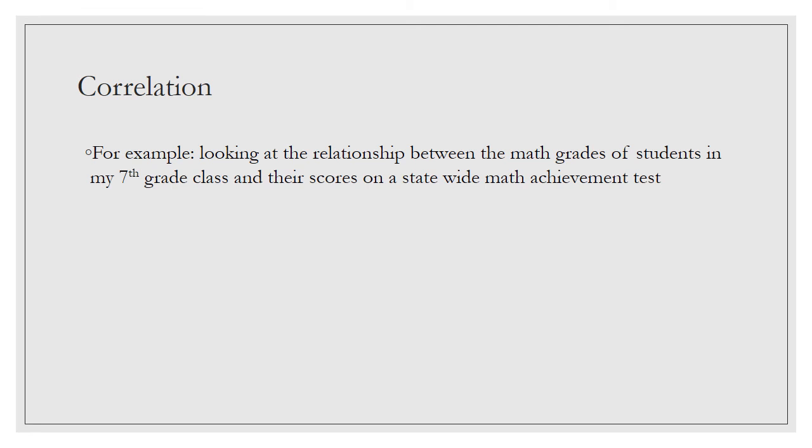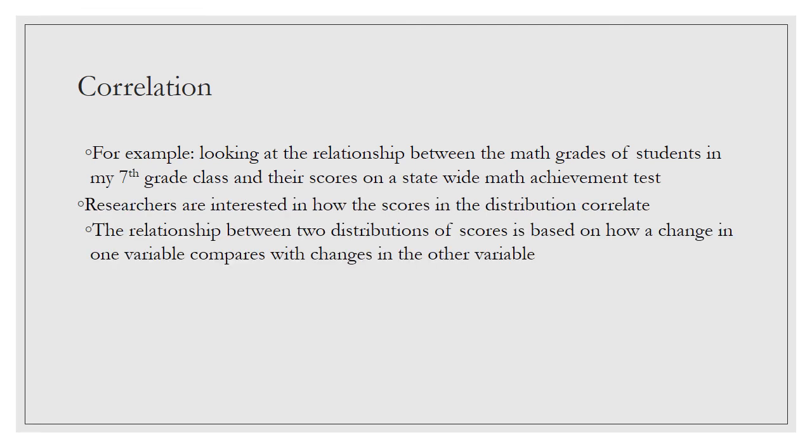So I might be interested as a researcher in looking at the relationship between the math grades of students in my 7th grade math class and their scores on some statewide mathematical achievement test. So researchers are interested here in how the scores in the distribution relate to each other, how they correlate. The relationship between two distributions of scores is based on how a change in one variable compares with changes in another variable.